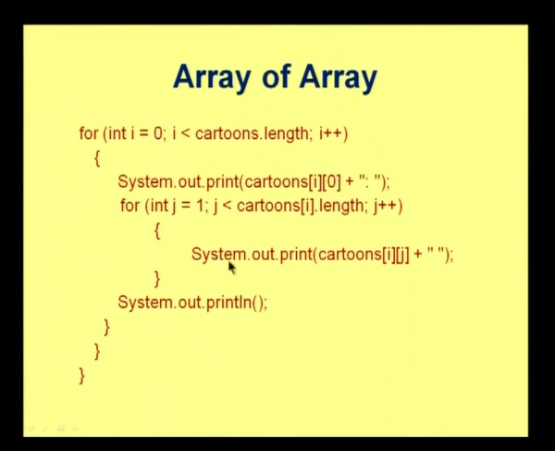Next, I change the value of j to 1, up to the length of this array. Whenever I give my array value and then the subscript, it will take the first array, then the next array and then the next array. So here I will have 4 j values.